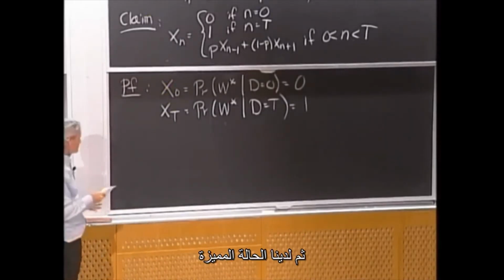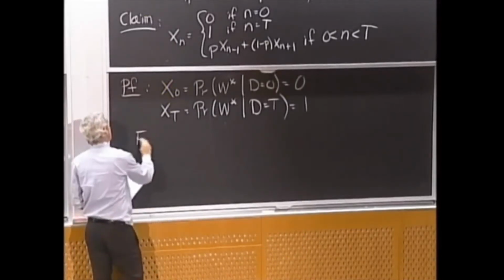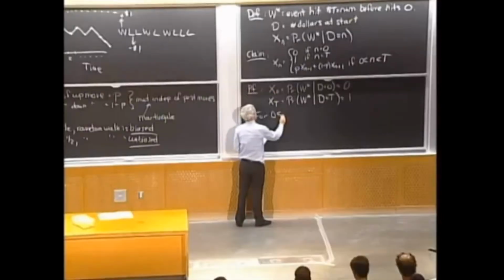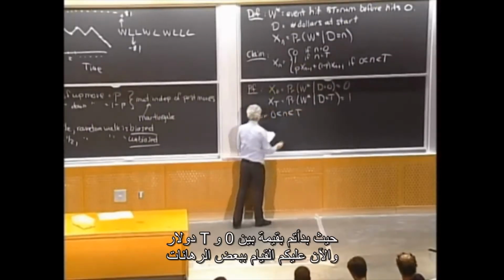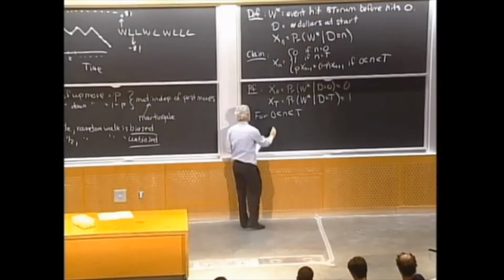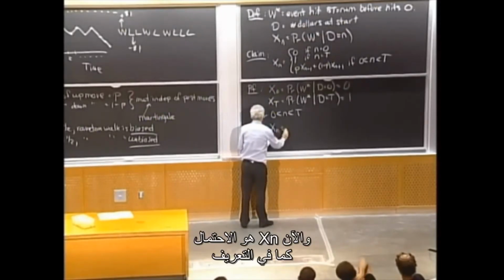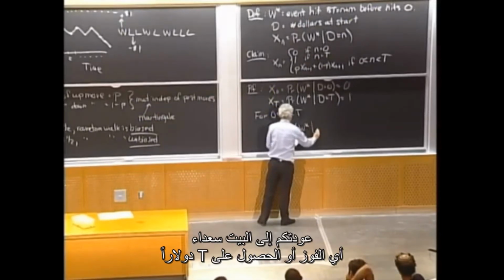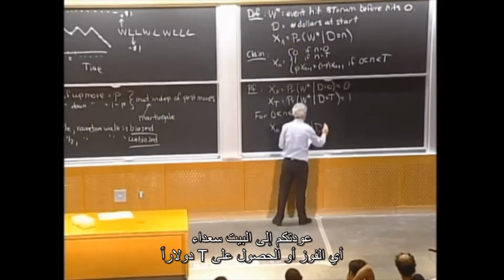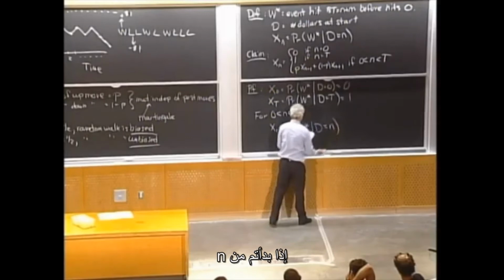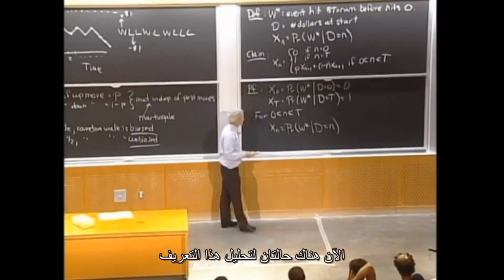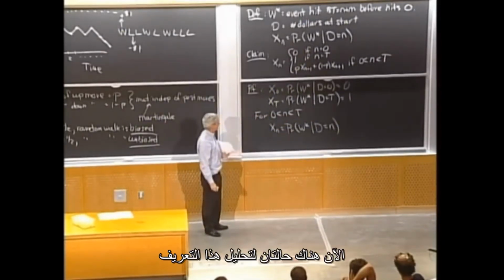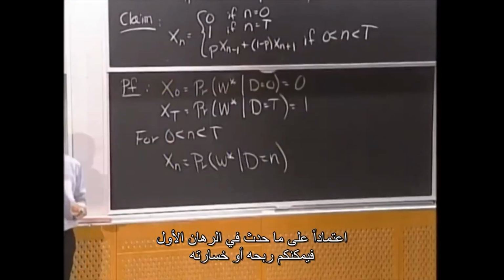All right, then we have the interesting case where you start with between 0 and $t, and now you're going to make some bets. And then xn is the probability, just the definition, of going home happy, i.e. winning t, having $t, if you start with n. Now there's 2 cases to analyze this based on what happens in the first bet.